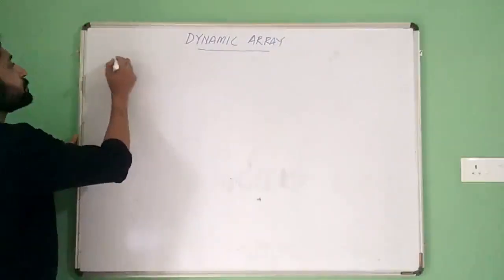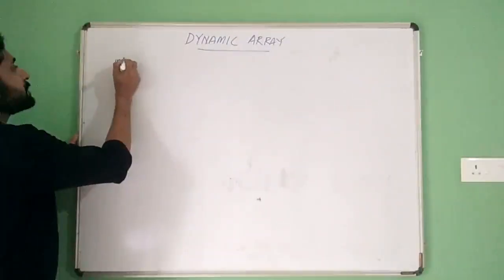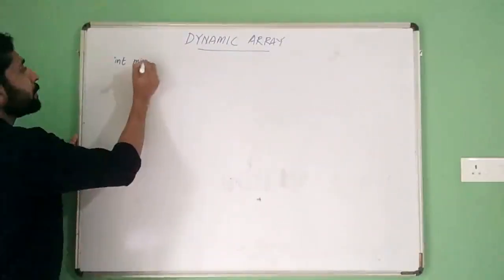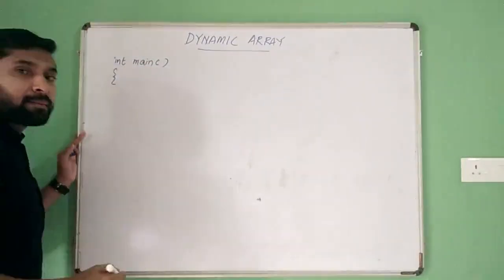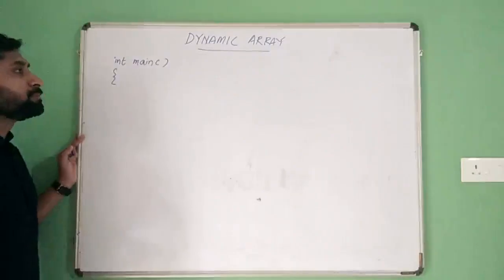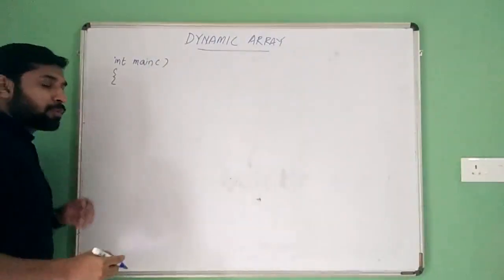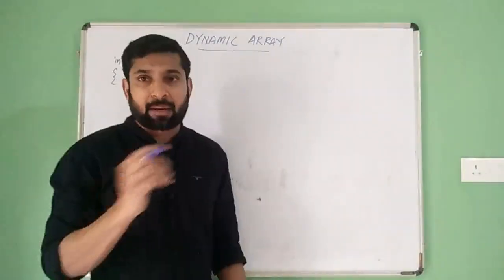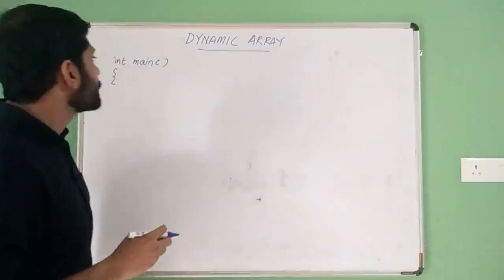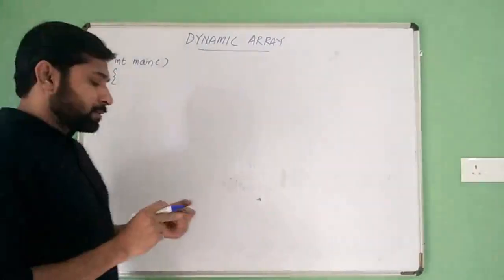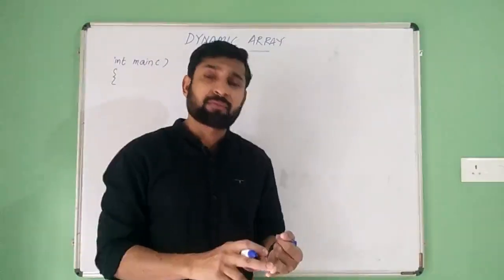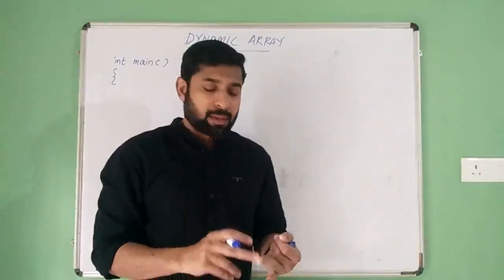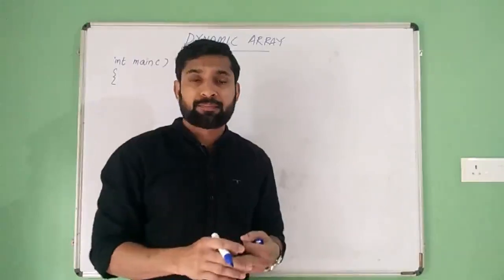So here int main, starting the main section. In this program we want a dynamic array and we want to get the number of elements n, and we need a loop and we want a pointer.